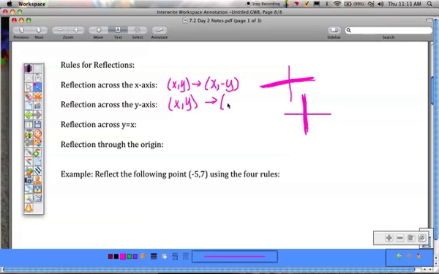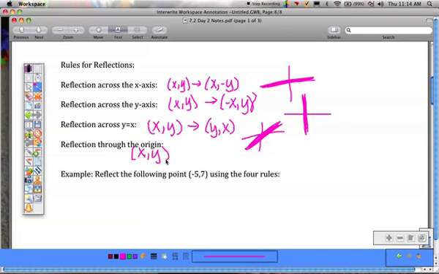It's just the opposite of the x value, but the y value stays the same because we're flipping this way. A reflection across the line y equals x, remember that line was this line right here. And that rule was to flip the y and the x value. And a reflection through the middle point, the origin, was to do the opposite of the x value and the opposite of the y value.